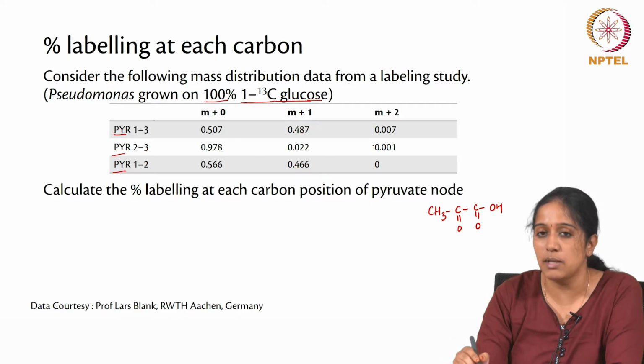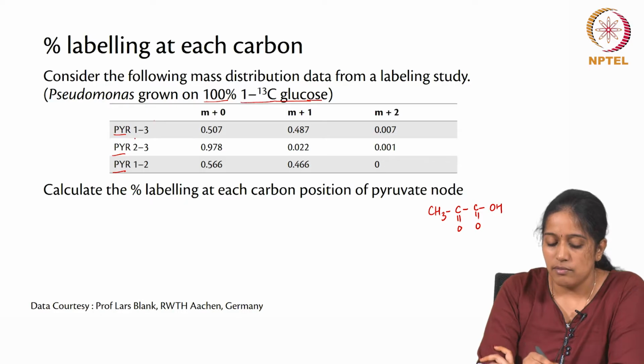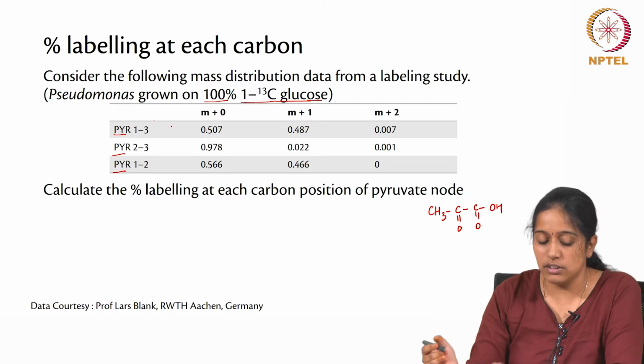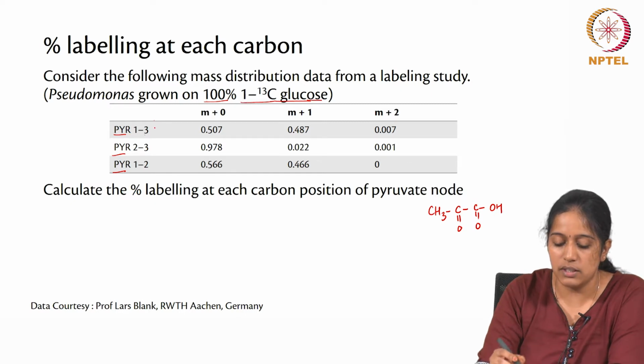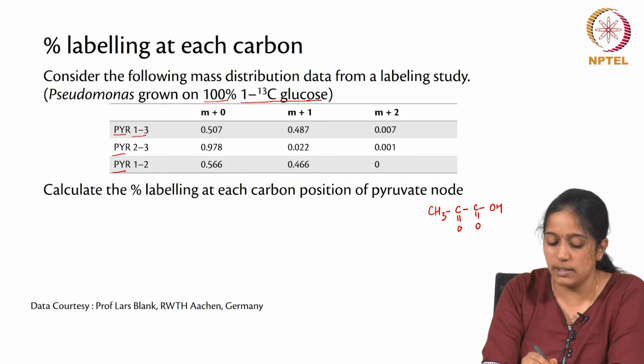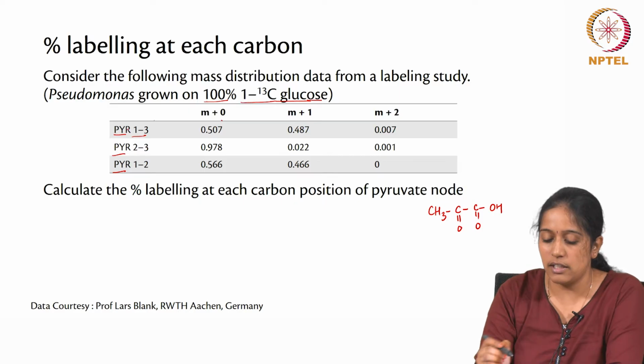This again is the mass distribution vector of pyruvate with respect to different positions labeled. For instance, if you look at pyruvate 1 to 3, you have the information about all 3 carbon atoms in pyruvate, and here M+0 means all the unlabeled positions in pyruvate.